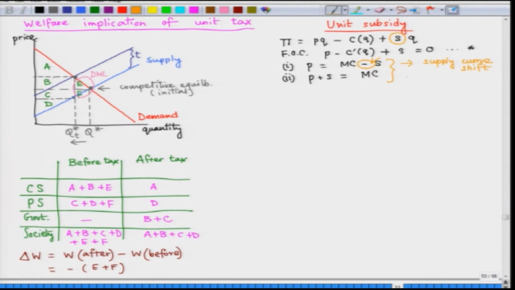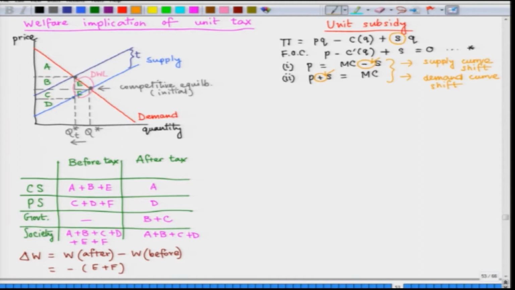And the second alternative is basically talking about a demand curve shift, and this shift is basically parallelly upward because we are talking about a positive sign here, right.